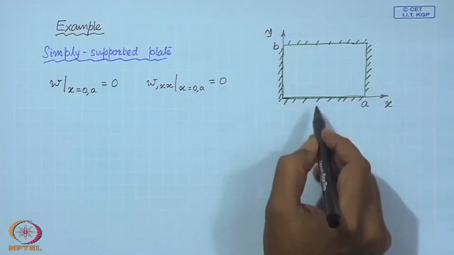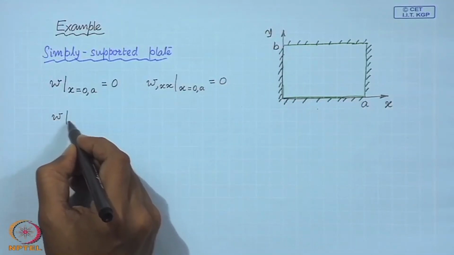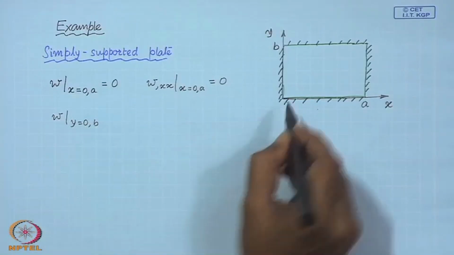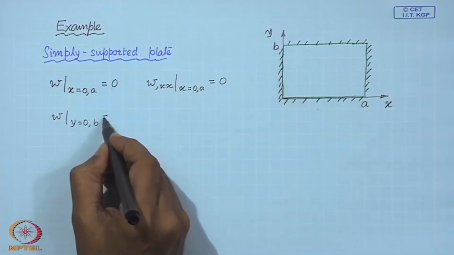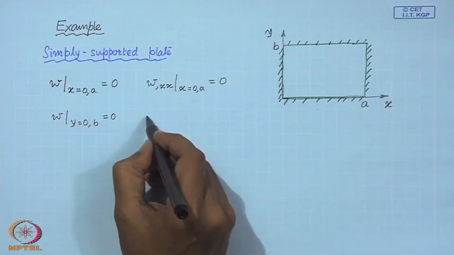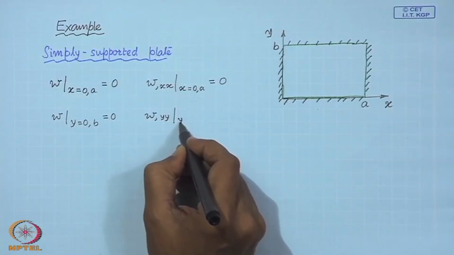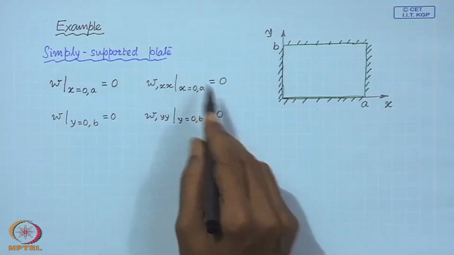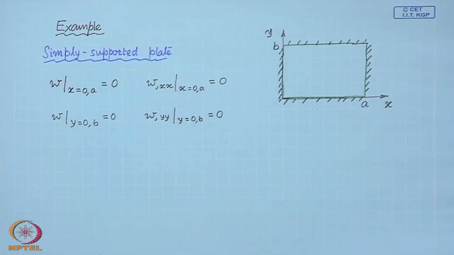Similarly, at these 2 edges, y equal to 0 and y equal to b, the displacement is again 0, and the bending moments are also 0. So, these are the boundary conditions for the simply supported plate.